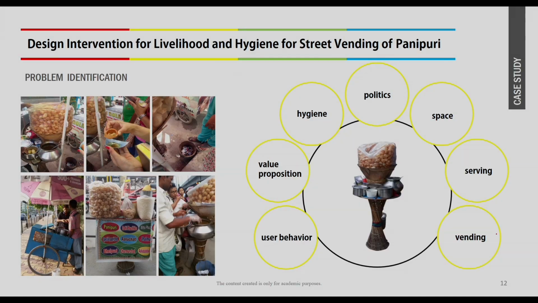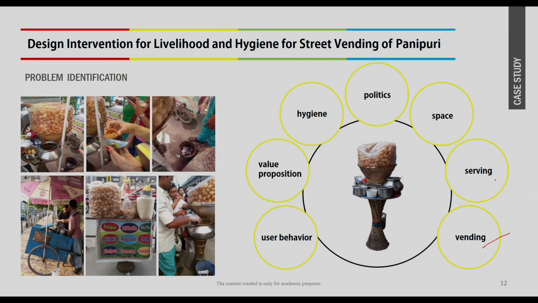We found problem related to vending. The street food vendor is carrying more than 40 kilo from his house to the point of sale, which is not good for his health.